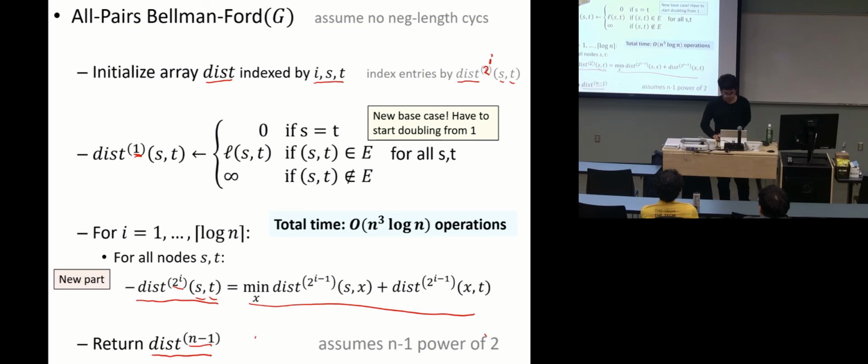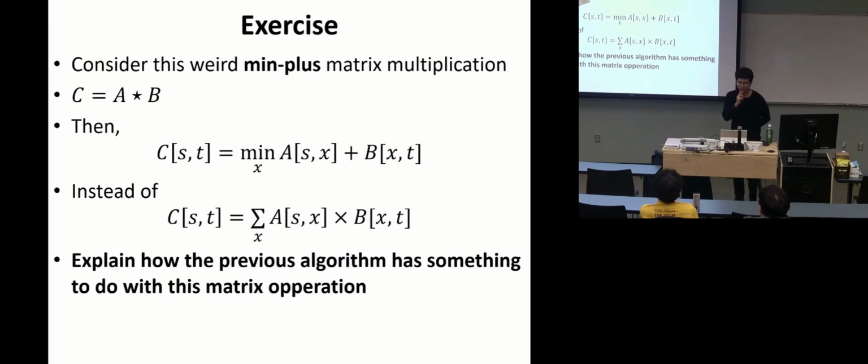Okay, one question. I want you to consider one weird matrix multiplication. Let's say that this matrix C is a product between A and B, and this is some weird product.